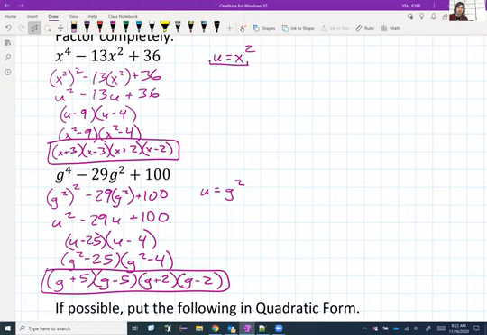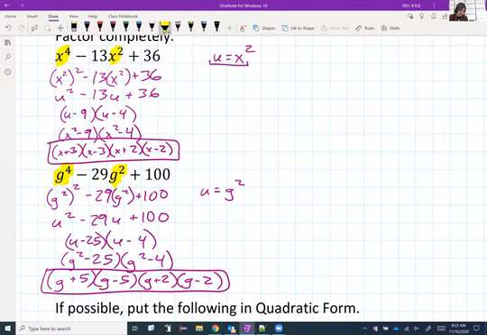We can only use quadratic form when the middle degree, in this case it was 2, x squared, is exactly half of that first degree. First degree was 4, second degree was 2, it's exactly half. So I can use quadratic form. Same thing here and there.